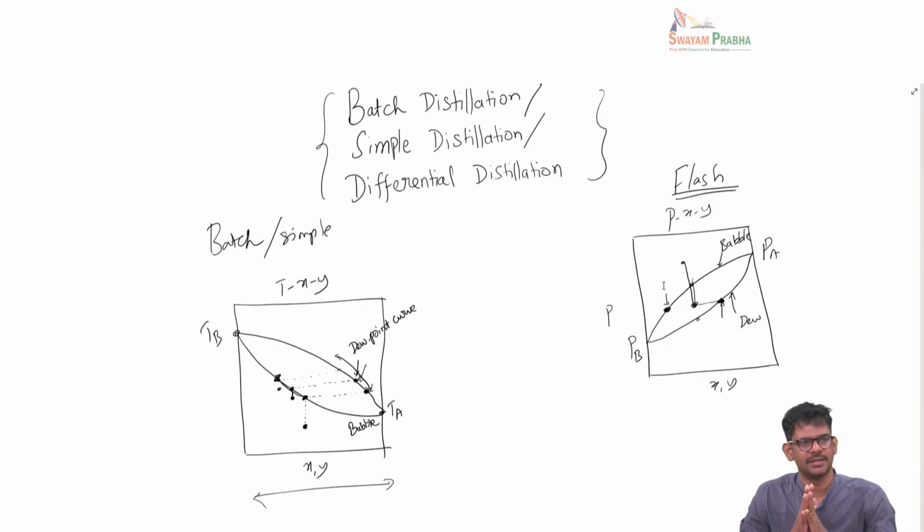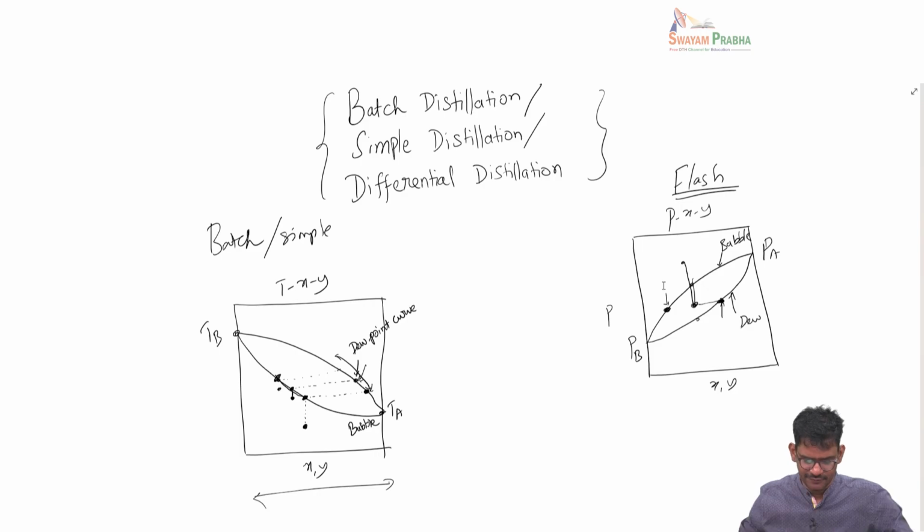But now if you can change the setup in such a way that the moment the vapor is formed, you are able to separate it out from the system, more and more vapor can form continuously, okay. And then you can collect this continuous production of vapor together. So this we call a differential distillation or batch distillation.